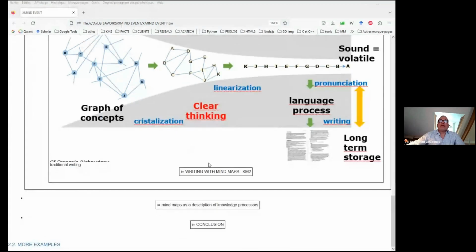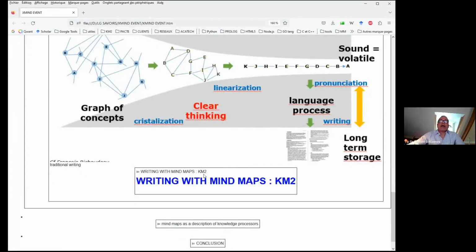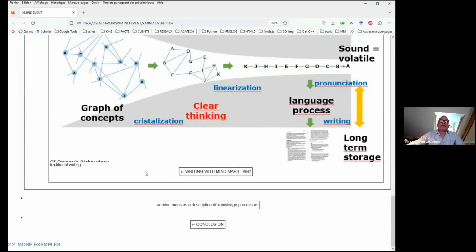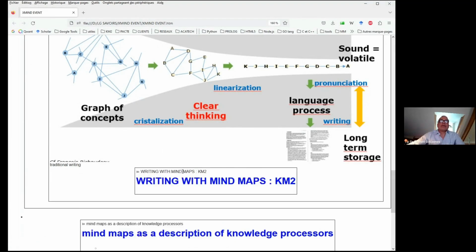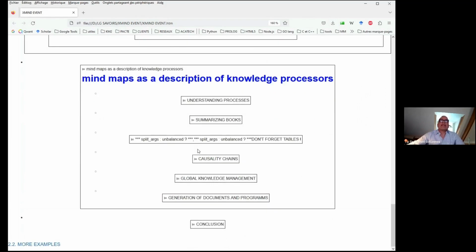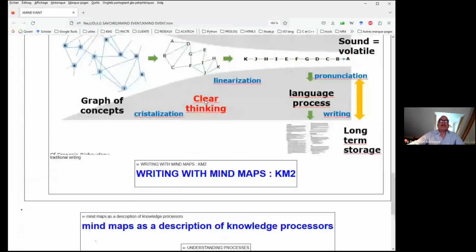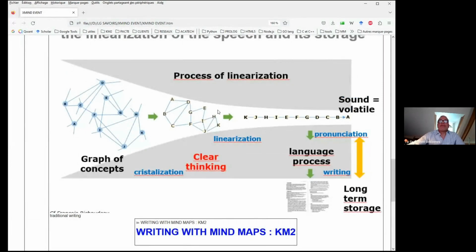And that's why we need maps. In fact, the idea is that when we draw maps, this is a bijection.